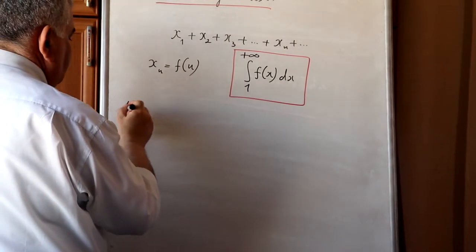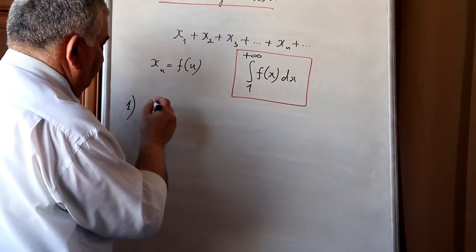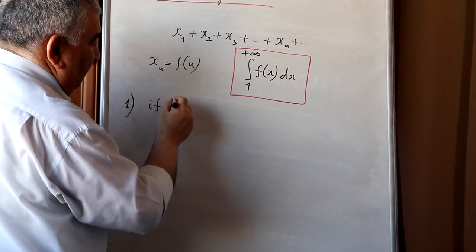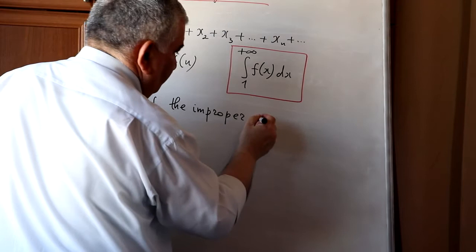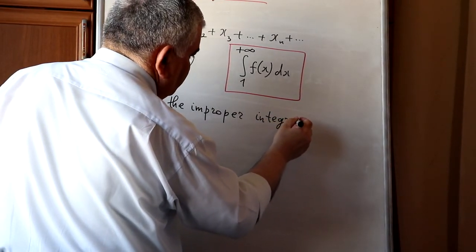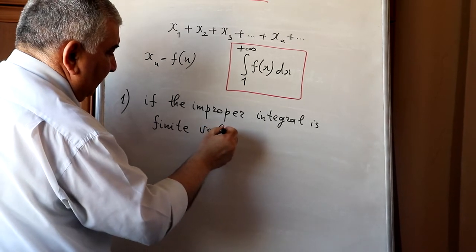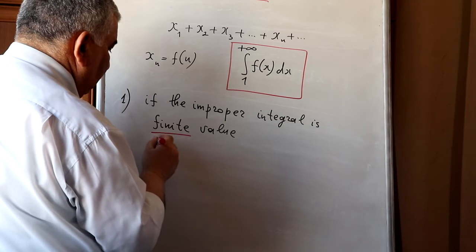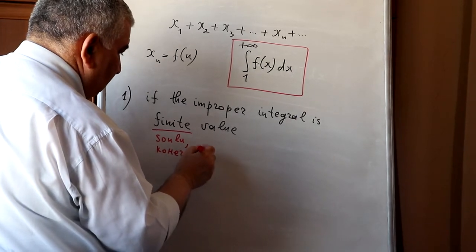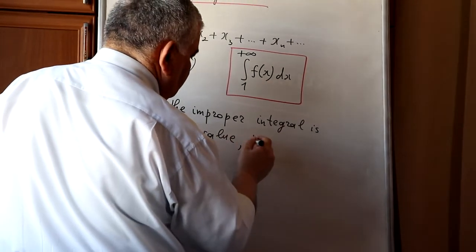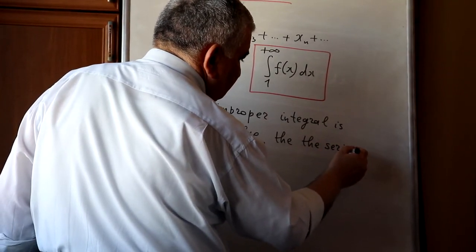If the value of the improper integral is a finite value, then the series converges.